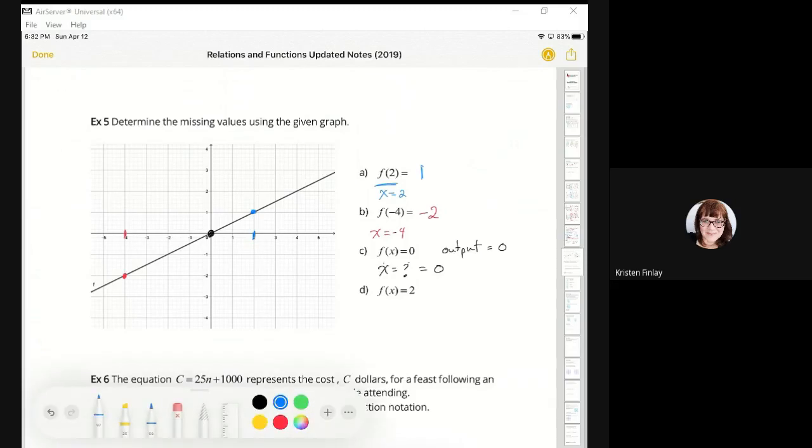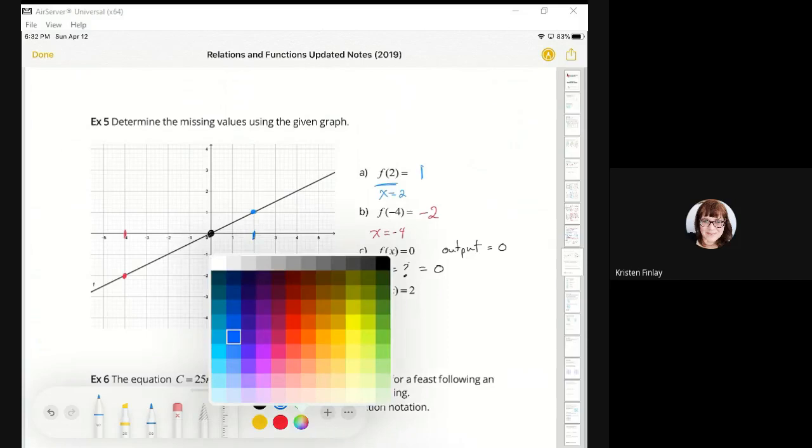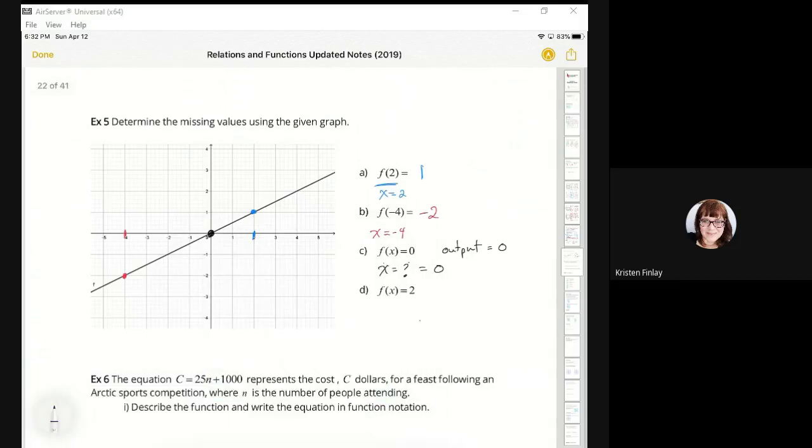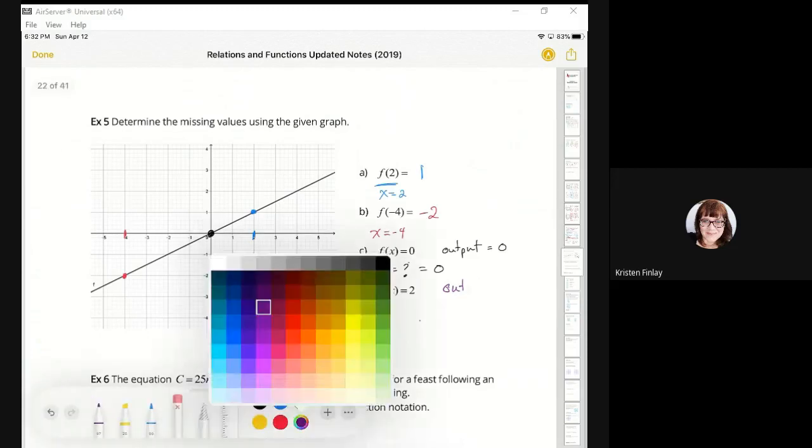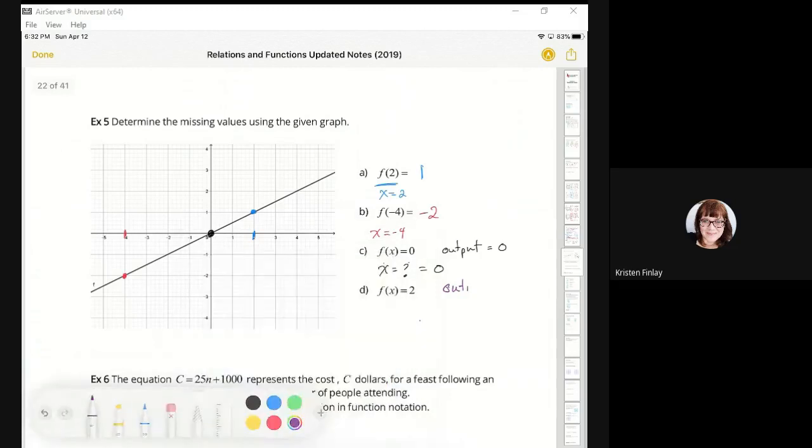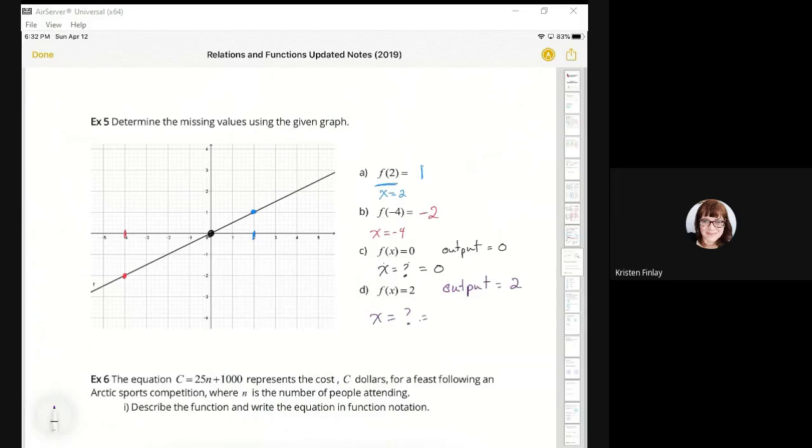I have f of, actually, I'll find a custom color. I'll use this purple. My output equals 2. So I want to know what my x equals.